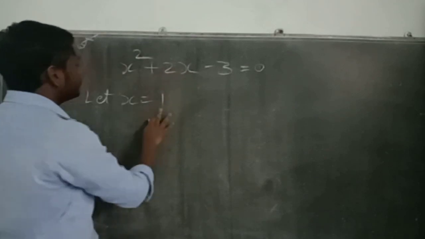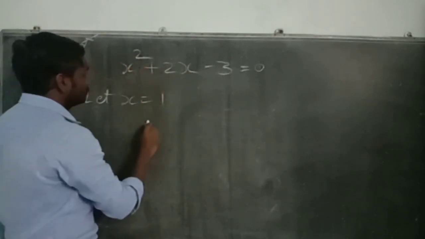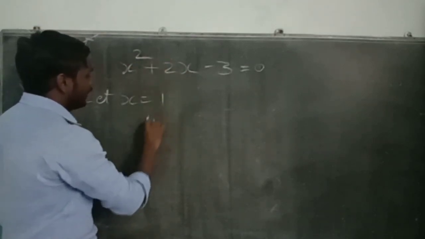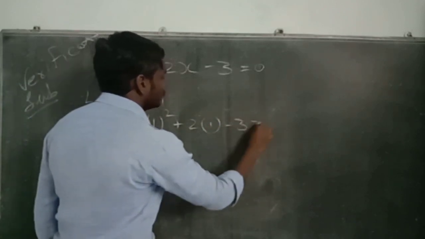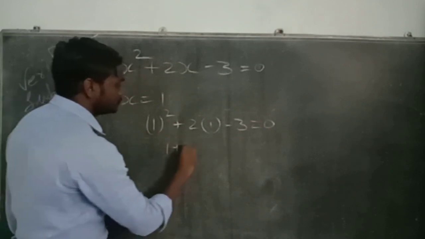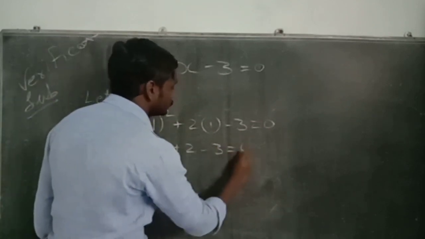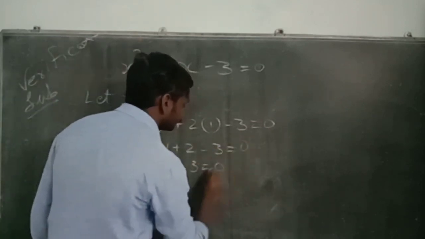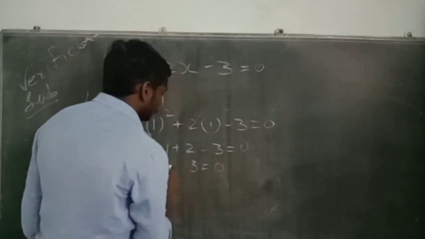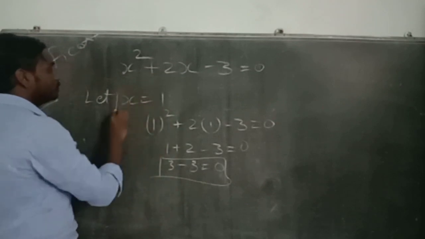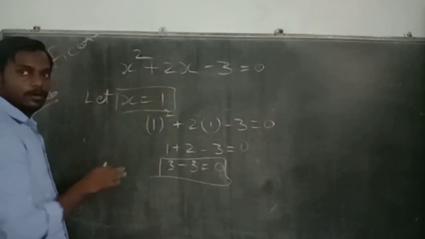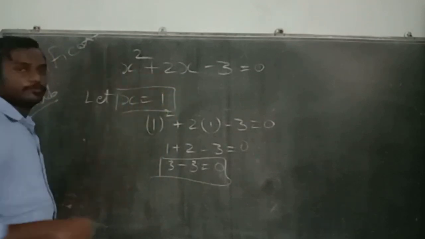Substituting, we get 1 square plus 2 minus 3 is equal to 0. That is 1 plus 2 minus 3, which is 3 minus 3, equal to 0. So x is equal to 1 is a root which satisfies the quadratic equation.